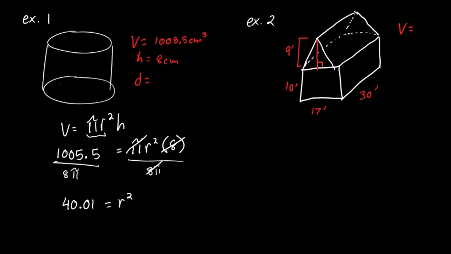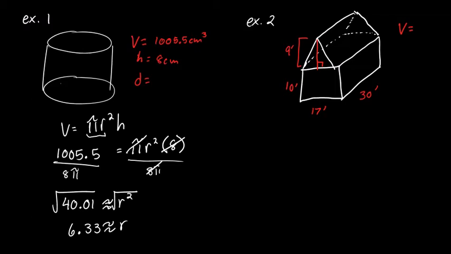In order to solve for the radius, I need to take the square root, and that is going to give me the square root of 40.01, which is 6.33, approximately. This is approximate.